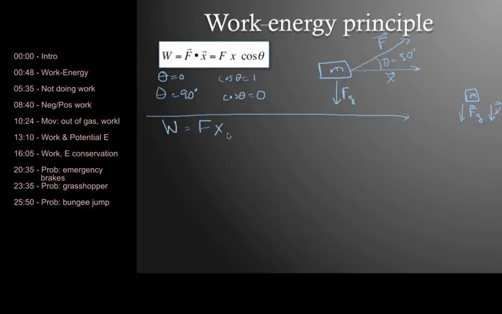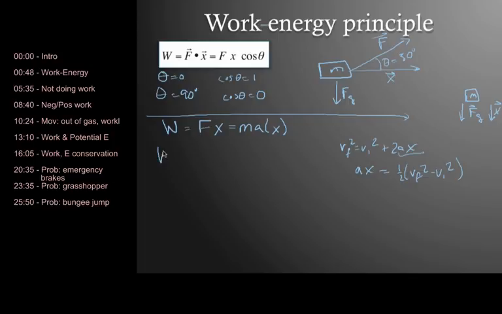So work is force times displacement. Force is just ma, and then we have our displacement x. If we go back to our kinematic equations, we have v final squared is v initial squared plus 2ax. Right here is our ax that we're going to want to put into here, so I'm just going to solve for this ax. ax is going to be 1/2 (v final squared minus v initial squared).